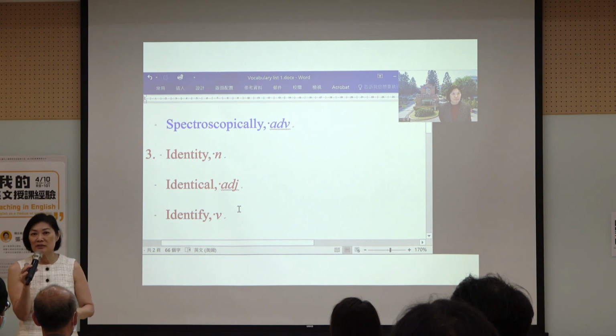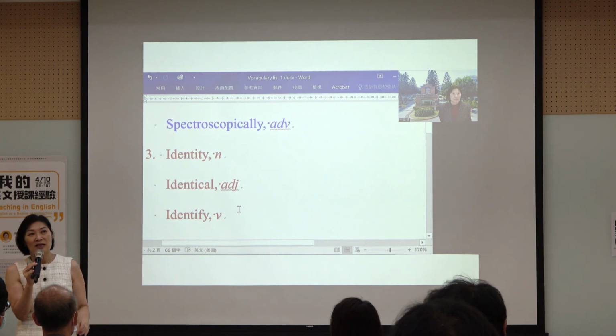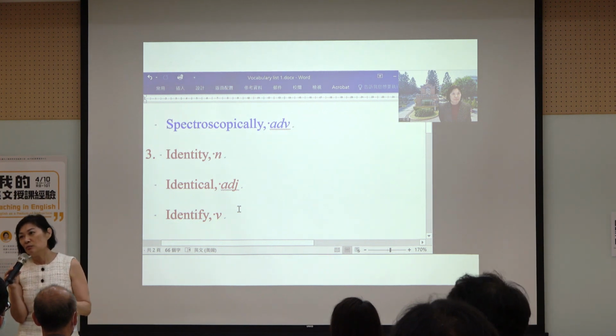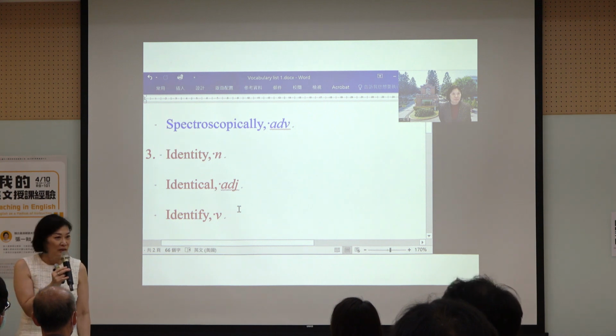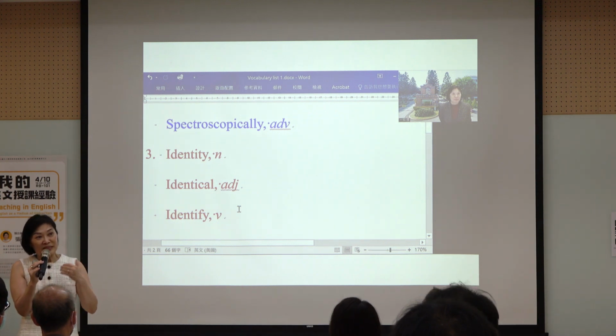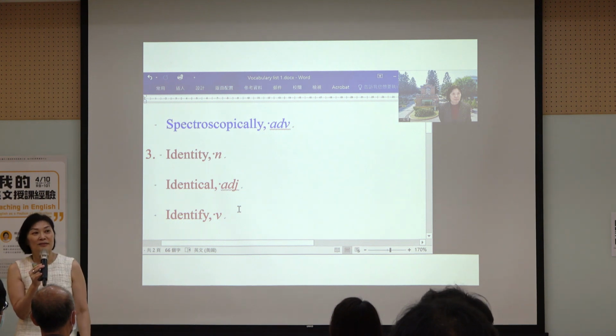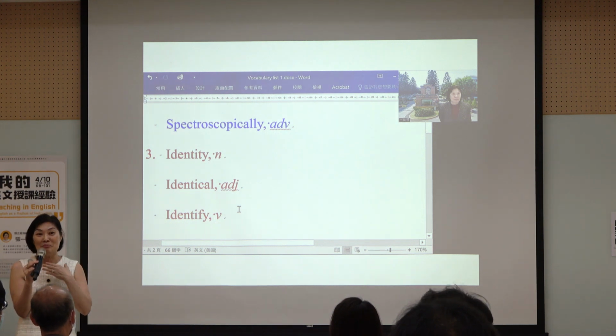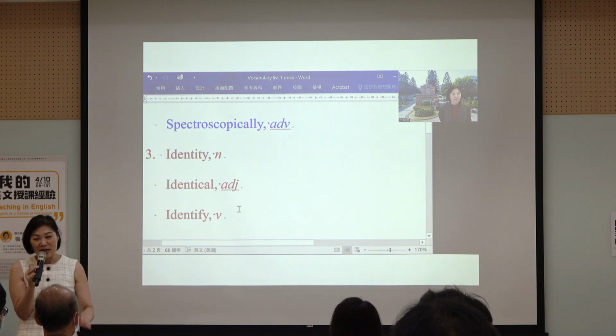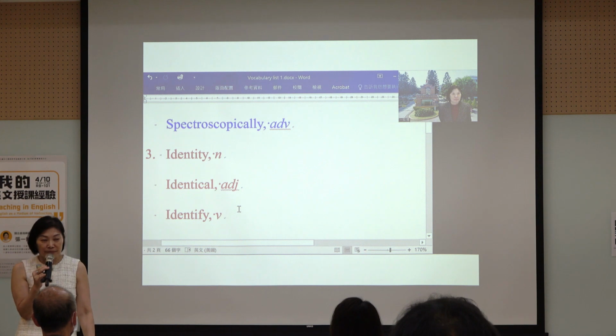The starting point is not terrible. But they can't say it. Most of the Chinese can't speak English. So I also gave myself the mission that I'm going to force the students to speak English. That's the small challenge I gave myself.